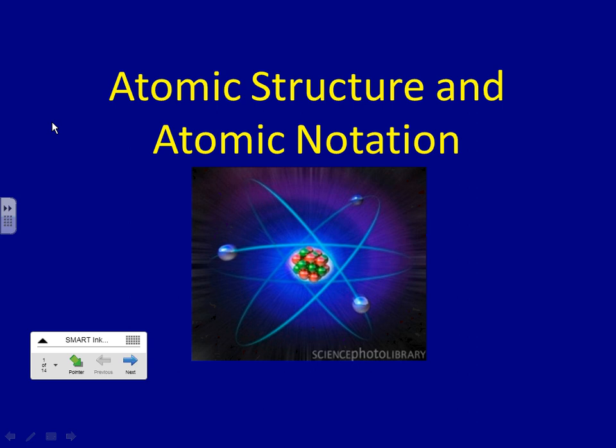We sometimes call this the Rutherford model because Rutherford discovered the nucleus but didn't really state where the electrons had to exist. It was Niels Bohr who came up with the idea of the fact that there are these energy levels or rings that can contain certain numbers of electrons and therefore give them certain locations in space.